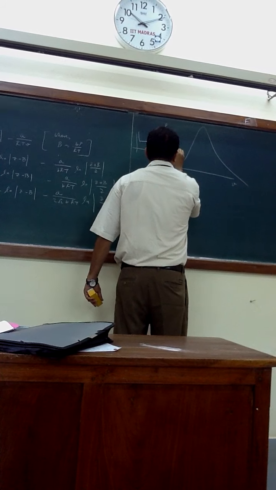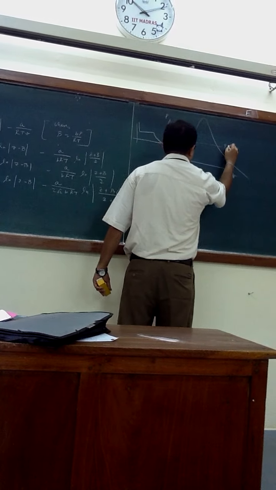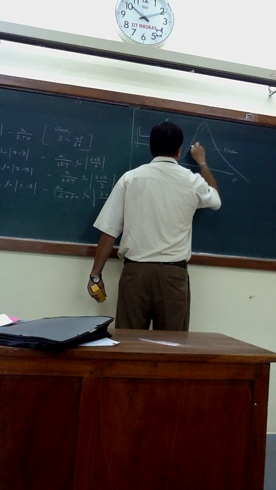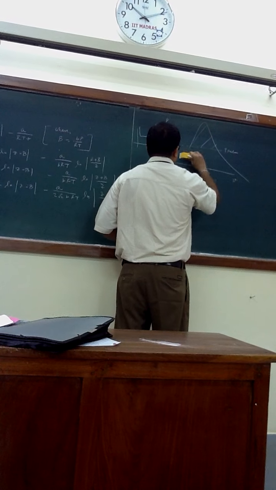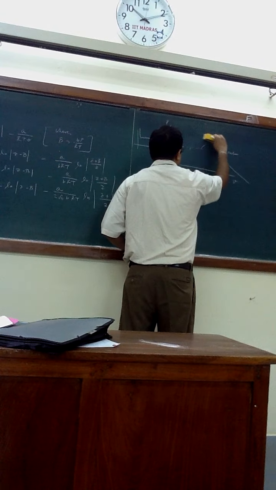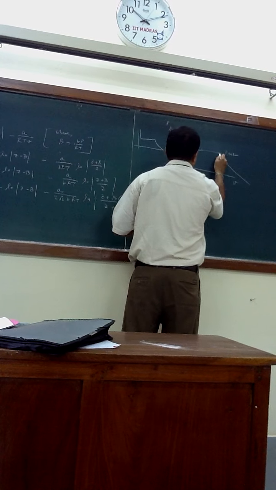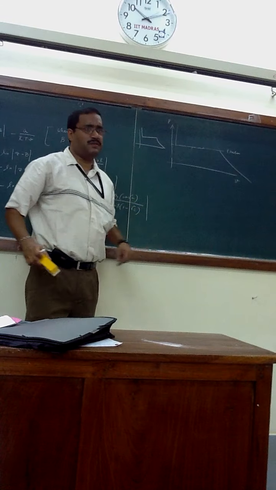So we need to have a point called P sat, such that this area and this area are the same, and then this can be nullified and your equation of state is like this. So this P sat calculation is very, very important.